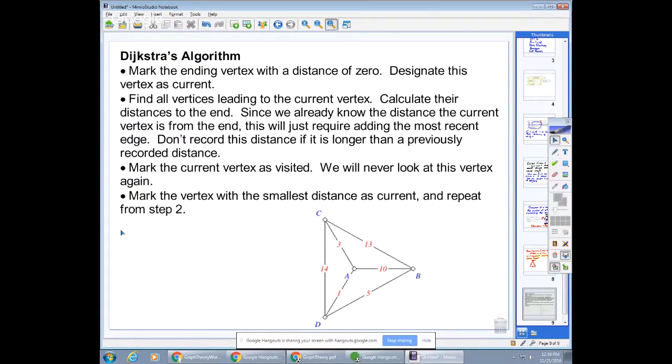All right, so it says to mark any ending vertex with a distance of 0. So with Dijkstra's algorithm, what we're trying to do is find the shortest path from one place to another. This graph is too short to do that, isn't it?